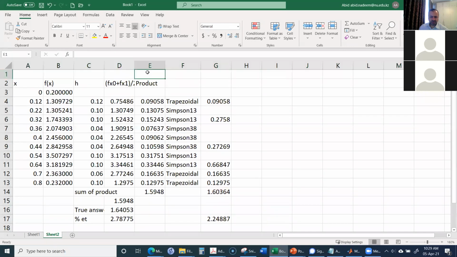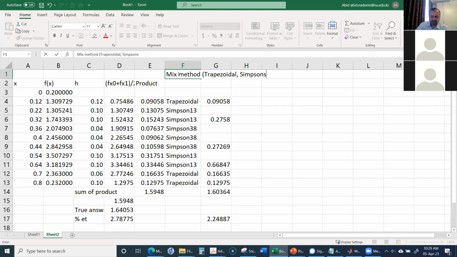In this case, we applied the mixed method, in which we applied the trapezoidal, Simpson's 1 by 3 and 3 by 8 rules.